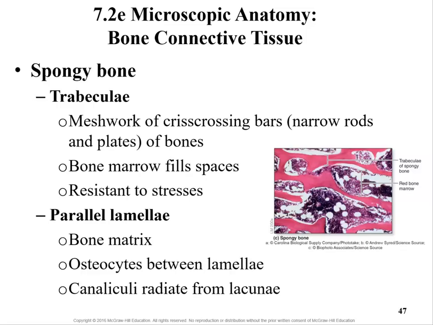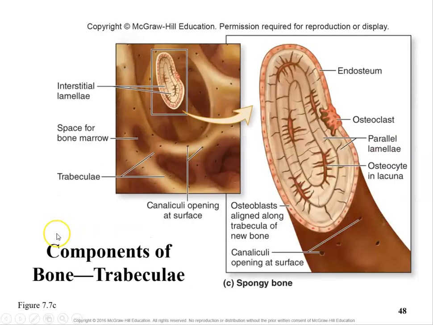So parallel lamellae is composed of bone matrix, and it's going to have osteocytes between the lamellae and canaliculi radiating from the lacunae. So similar to the lamellae you see in compact bone, except it is arranged in a parallel fashion. And you can see that here, parallel lamellae. Here's an osteocyte in its lacuna. Here are the canaliculi.